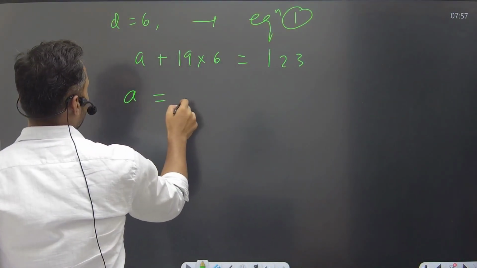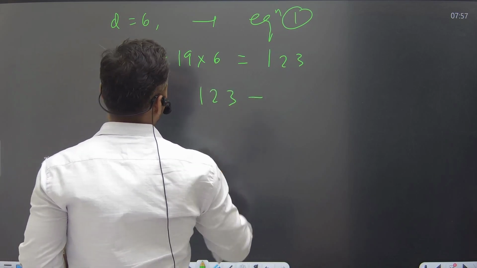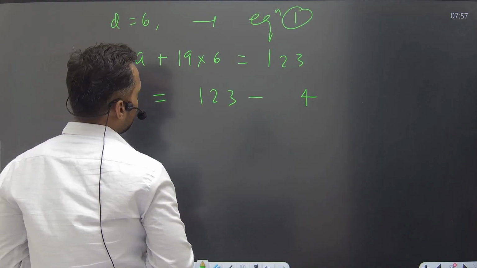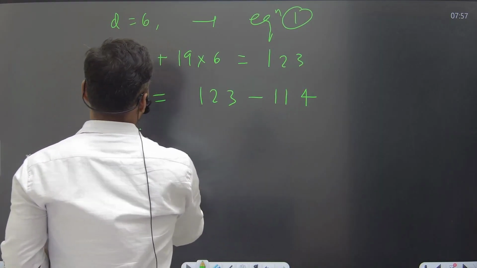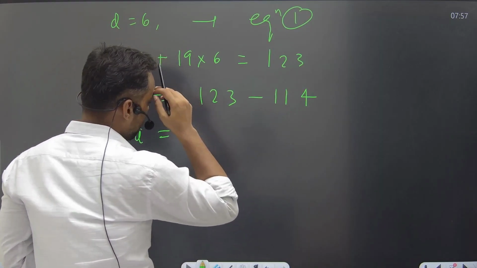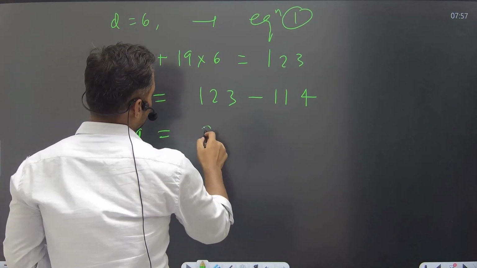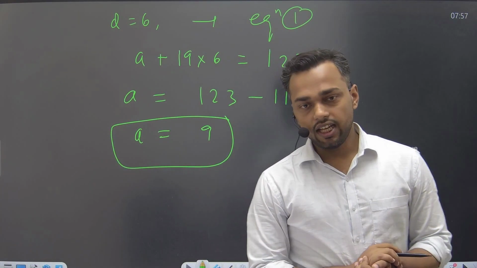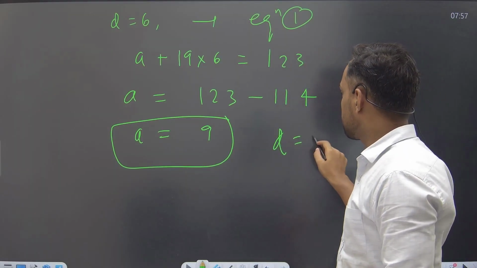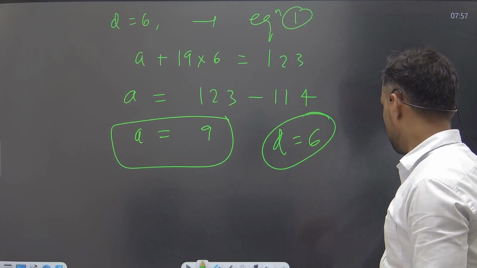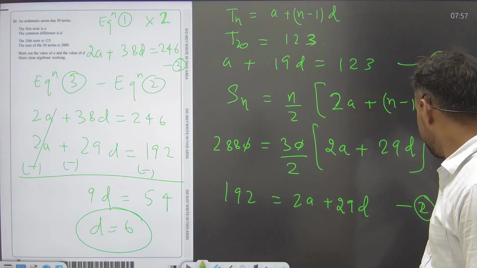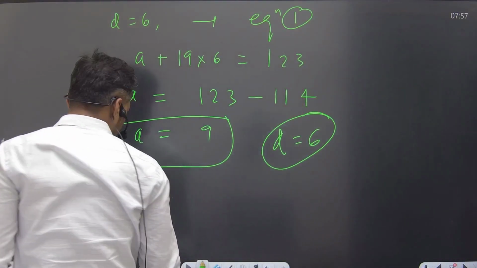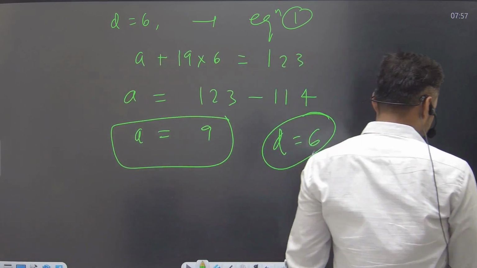So you will get the value 123 minus 114. Here we have got the value of a as 9 and d as 6. So this is how we need to do this particular question. Now let's move to the next question.